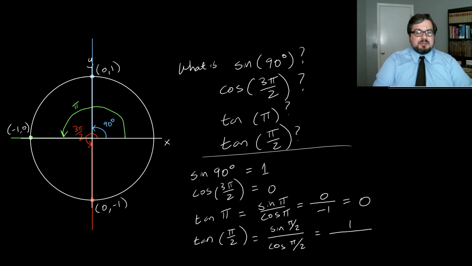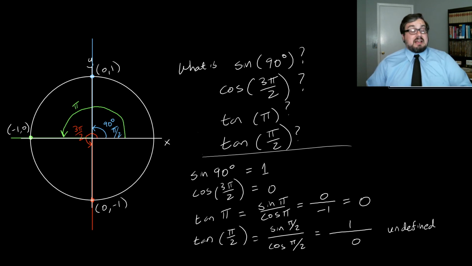Cosine of pi over 2 is going to be the x coordinate of the point where the blue line, corresponding to pi over 2, intersects with the unit circle. And so cosine of pi over 2 is 0. So what we find is that tangent of pi over 2 is actually undefined.